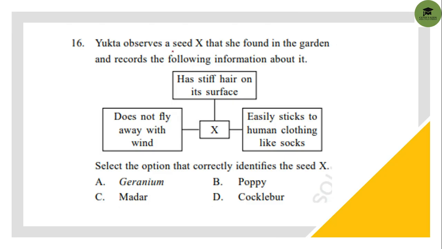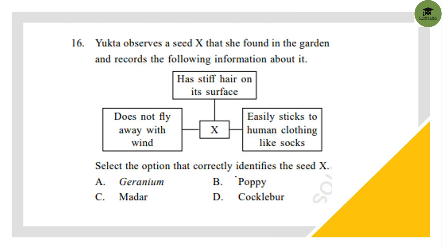Yukta observes a seed that she found in the garden and records the following information about it. The seed has stiff hair on its surface, does not fly away with wind, and easily sticks to human clothing like socks.